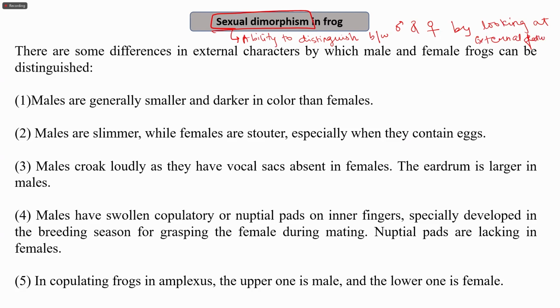In certain animals, sexual dimorphism is absent, where you cannot differentiate between male and female by looking at external structures. But in frog, sexual dimorphism is present.